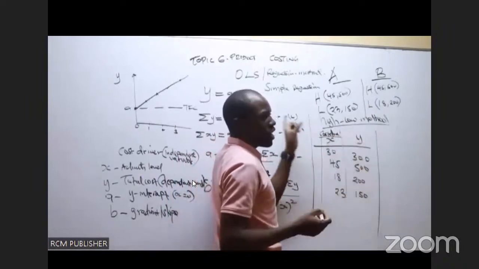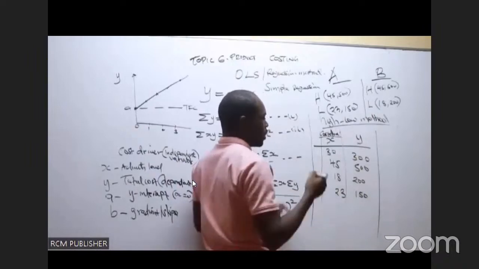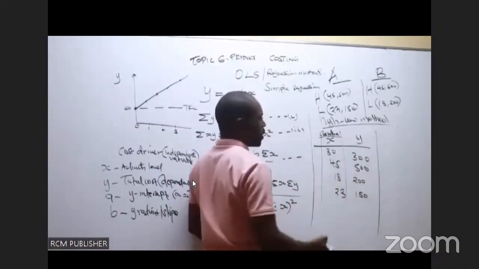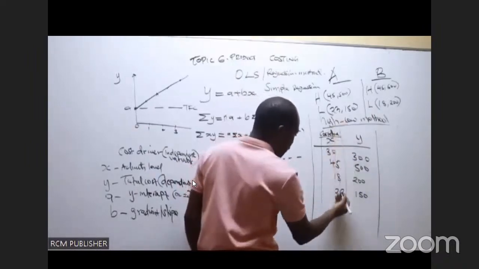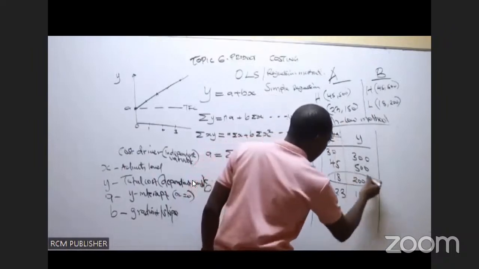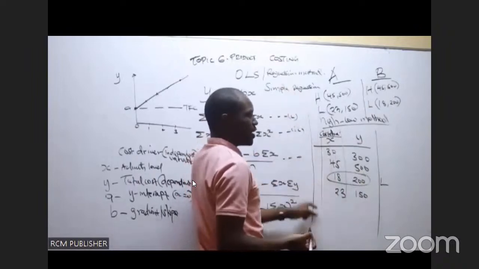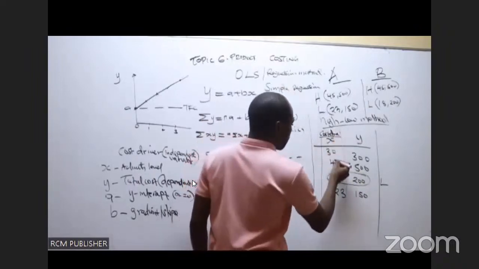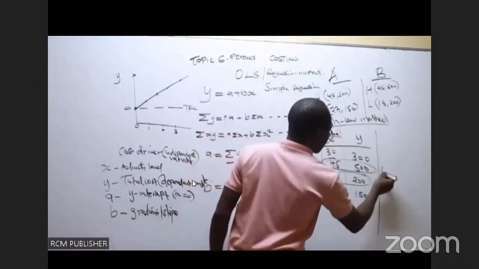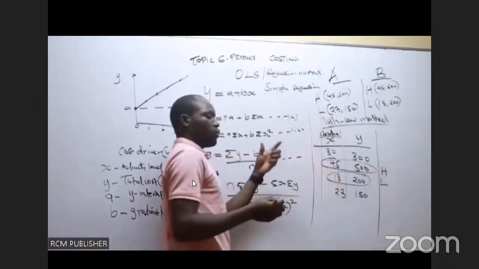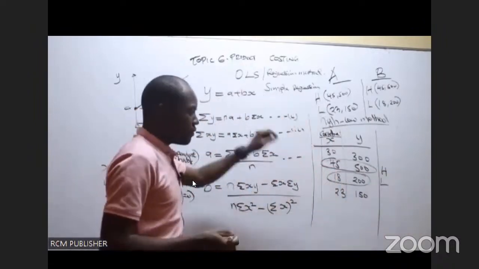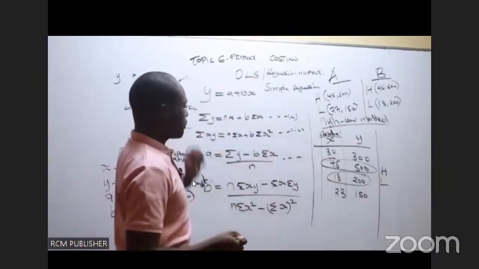I don't need to consider the value of Y; that one does not matter. Looking in column X, the lowest value is 18. So this is the lowest pair. I come to column X again, look for the highest value, which is 45. This becomes my highest value pair. And that's what I'm going to use to get the value of A and the value of B.